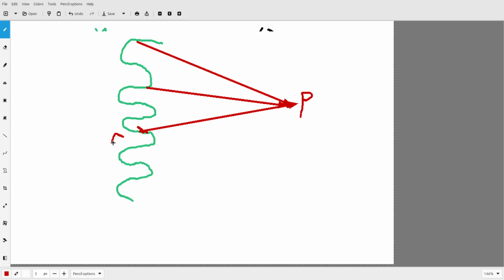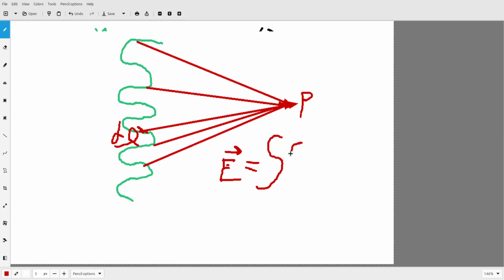Each one of these sections here is dl, every part of the string. So the field is no longer a sum. It is an integral. Instead of summing up the charges, we're doing the integration.